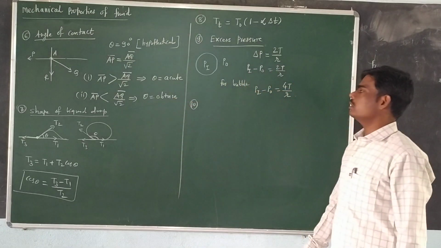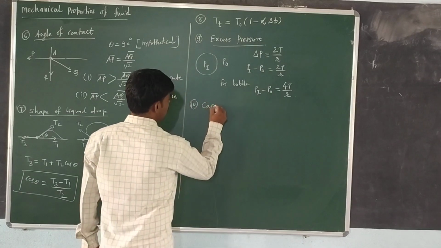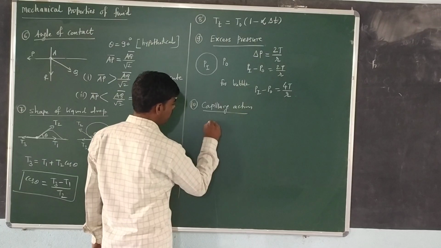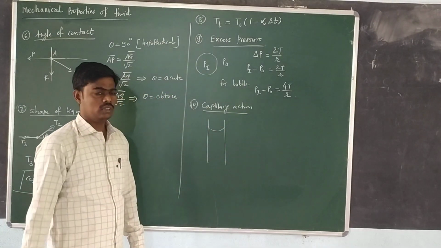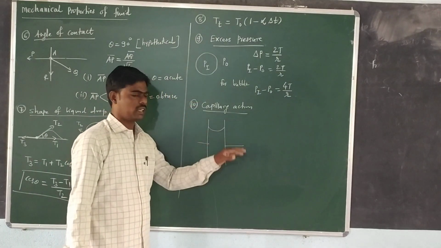Then the next formula is related to capillary action. In capillary action, the liquid level inside the capillary may rise relative to outside, or it may depress relative to outside.